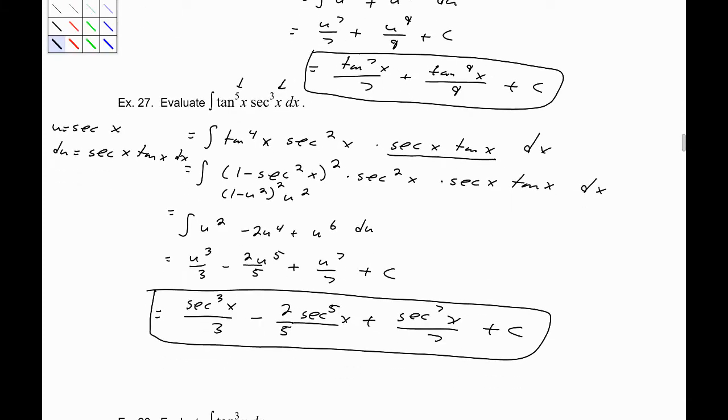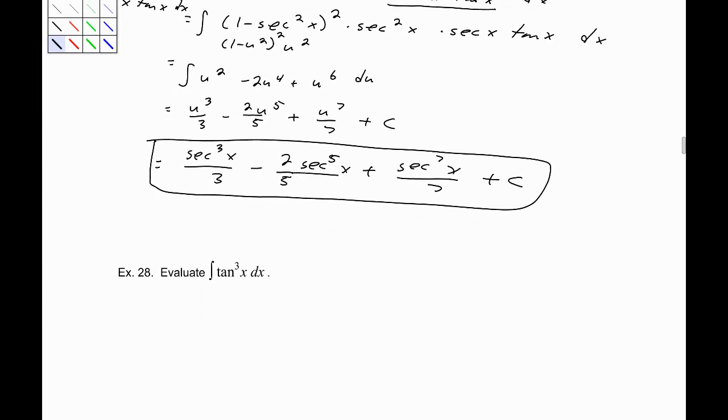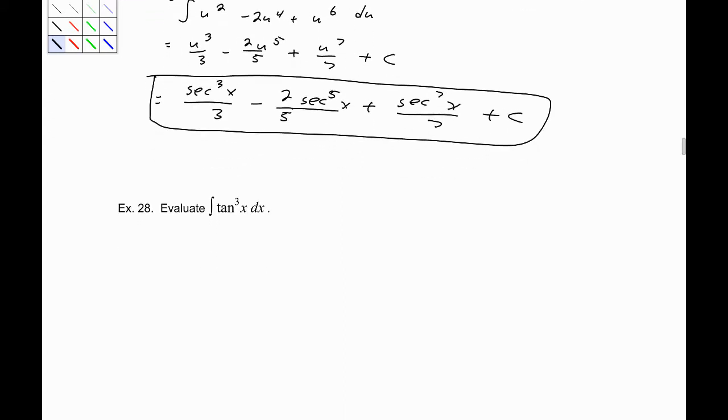Okay, next we have tangent cubed x. Again, it's odd, so I'm going to make this into the integral of tangent squared x times tangent x. Pull one off.